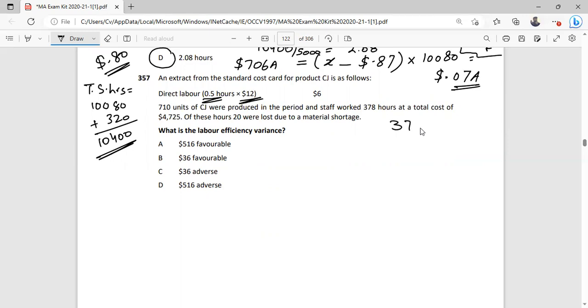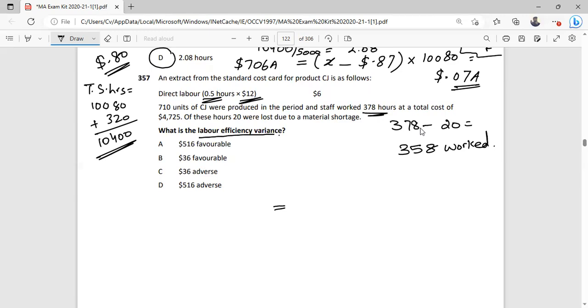So it means actual hours worked are 358. What is the labor efficiency variance? Labor efficiency variance deals with the worked hours, not with the paid hours. 378 hours are the paid hours, which are relevant in labor rate variance.